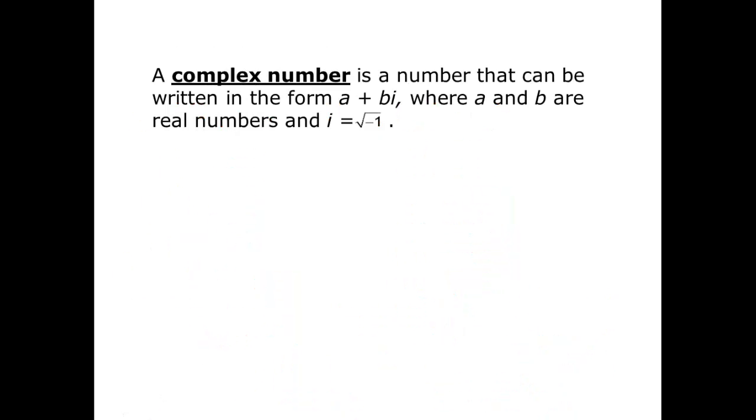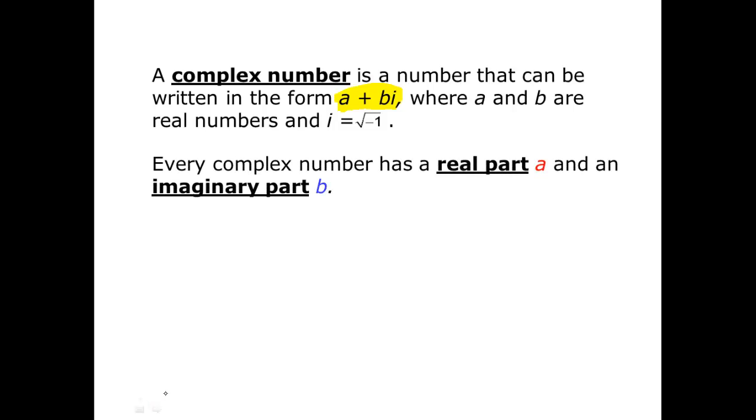Since we're dealing with negative numbers, we have a special term here called complex numbers. A complex number is a number that's in the form a plus bi. i is our square root of negative 1 that we've been talking about, and a and b are real numbers. Every complex number has a real part a and an imaginary part b. So they all have to be in that form a plus bi.